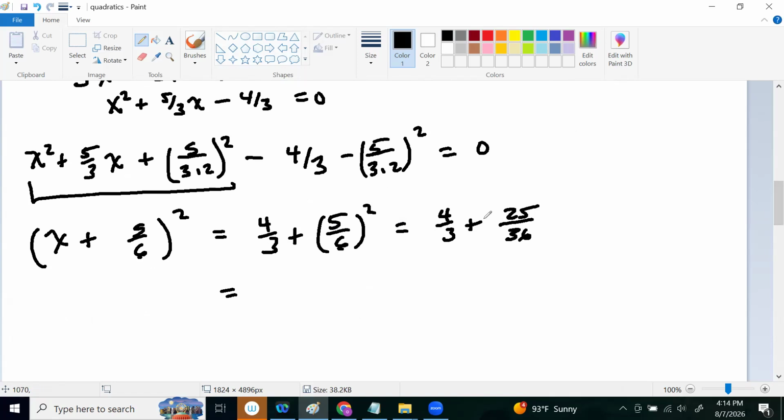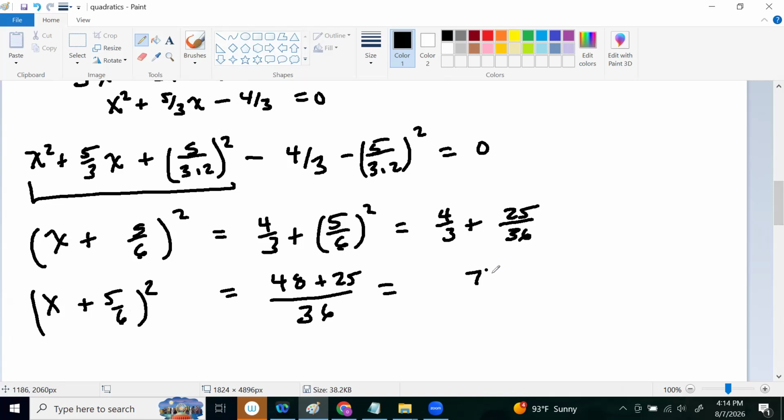So this whole thing getting a common denominator, I'm going to multiply the bottom by 12 and the top by 12. So that's going to be 36. So that is what we had before, 73/36.